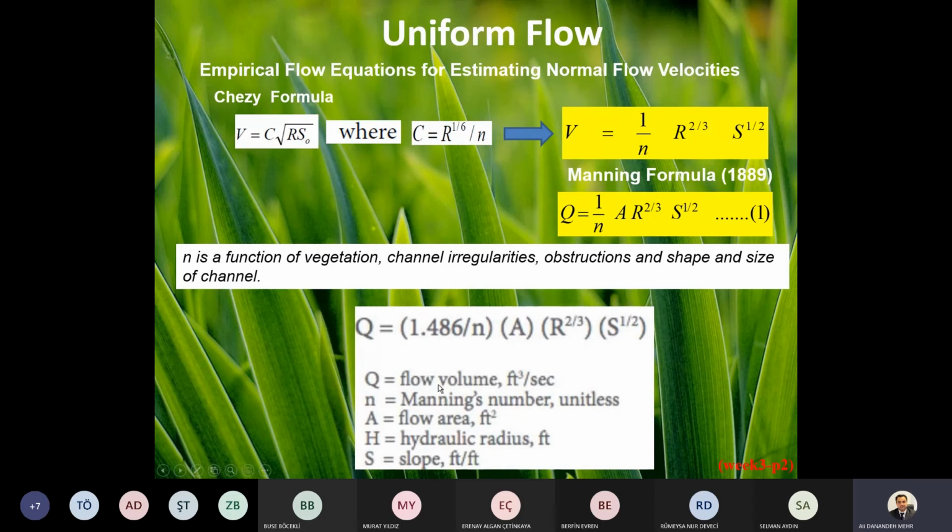And in that system, the coefficient is not 1, it is 1.48, as you see here. But as I said in the beginning, we always use SI unit in this book, in this course. Therefore, our formula is simpler than this one, and we use the coefficient of 1 over n instead of 1.48.